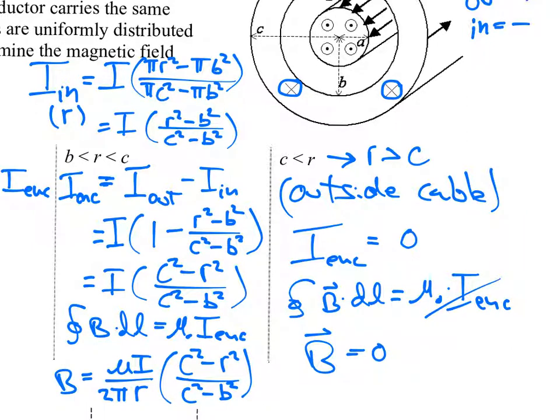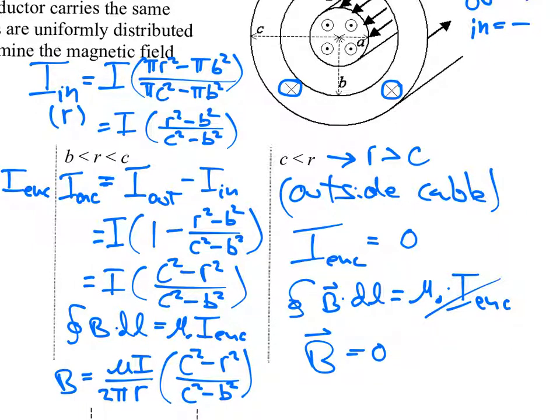Our integral of B dot dl is going to be mu naught times I enclosed. The enclosed current, we just found that. B dot dl is just going to be 2 pi r. And so we divide that over to the other side. And the actual application of Ampere's law here works out very easily, but the stuff with the current can be a little tricky till you get the hang of it.